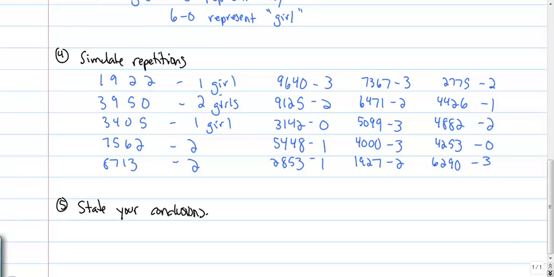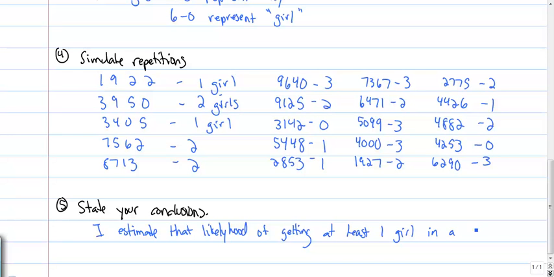My conclusions for this particular problem would be, I estimate, and that's key, this is an estimate, not an exact answer, I estimate the likelihood or the probability of getting at least one girl in a family of 4 children to be about 18 out of 20, or 95%.